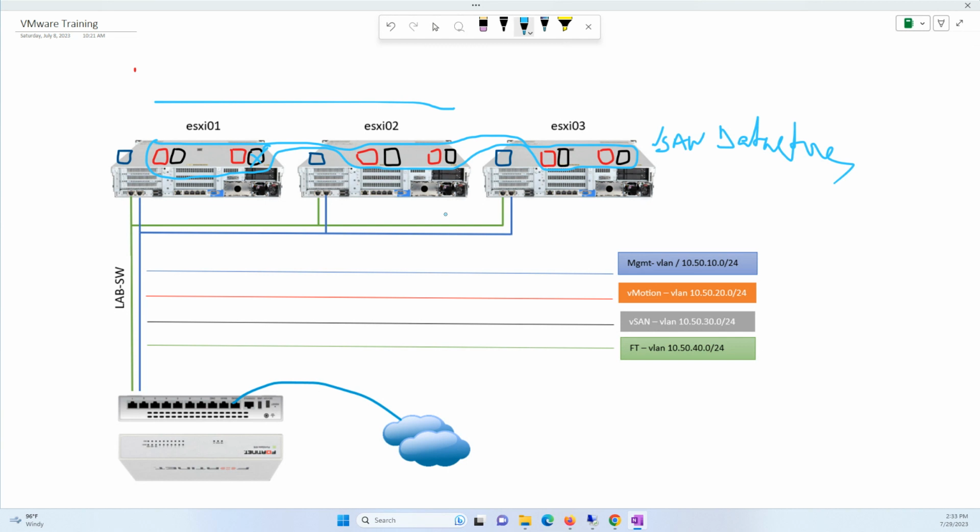And RAID 10, you will lose some. RAID 6, RAID 50. So please know that when you're doing RAID in vSAN, you will use less space. Okay, there's many things in vSAN.